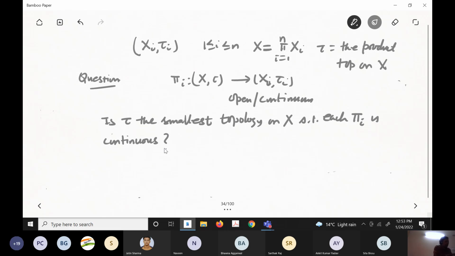Look, if you want to prove it, the method should be very simple. Suppose you have another topology on X, don't confuse it with the previous sigma, such that each pi_i is continuous, i from 1 to n.